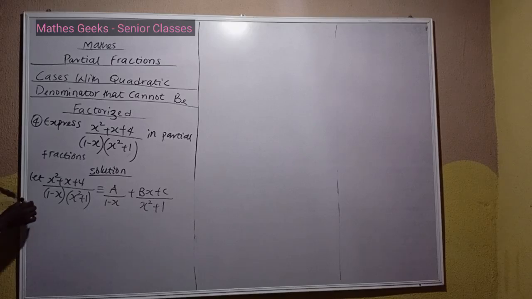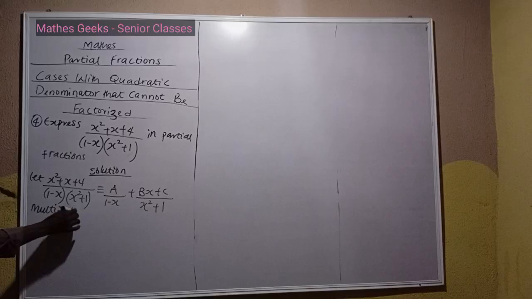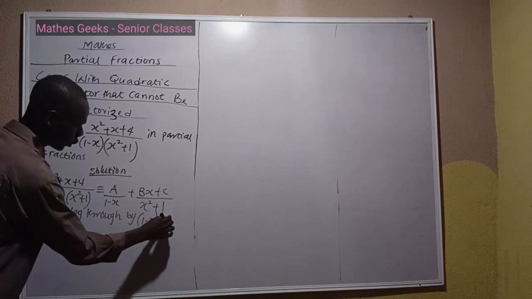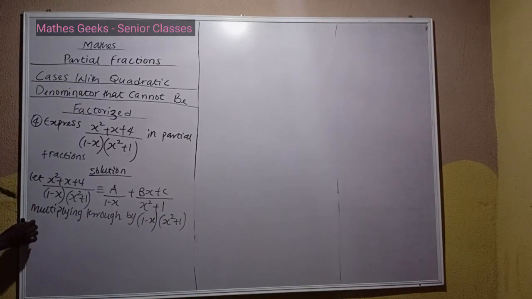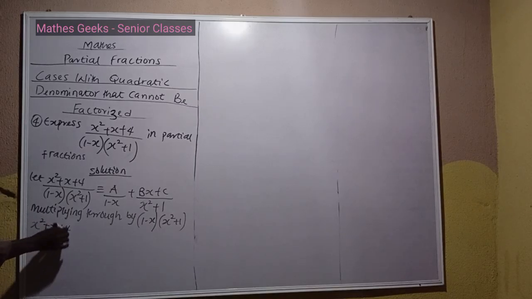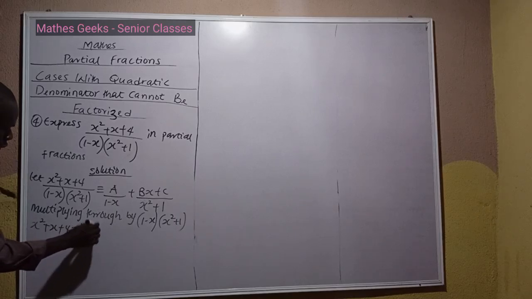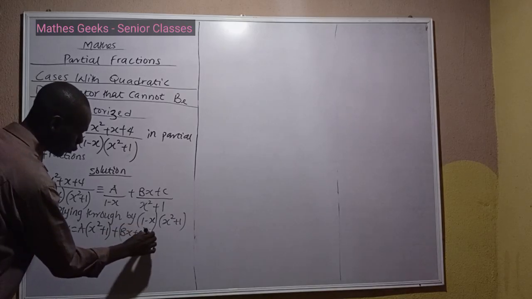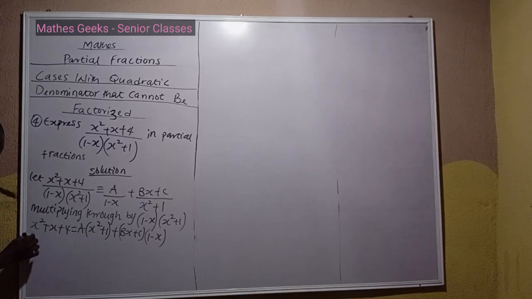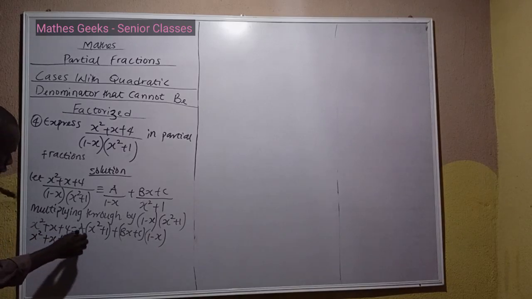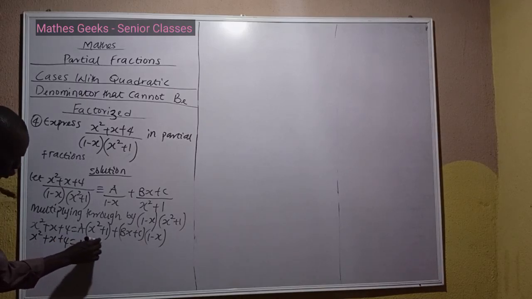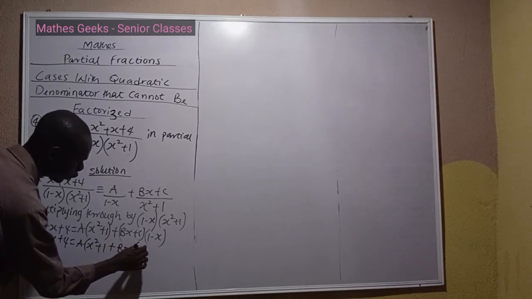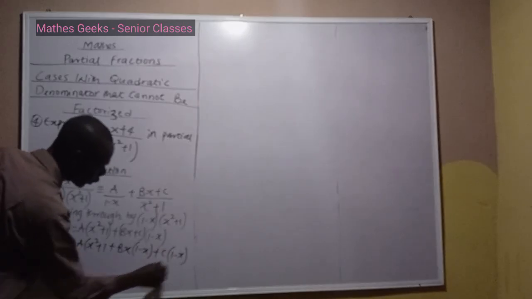Okay, so multiplying through by 1 minus x and x squared plus 1, we will have x squared plus x plus 4 is equal to a times x squared plus 1, plus bx plus c times 1 minus x.